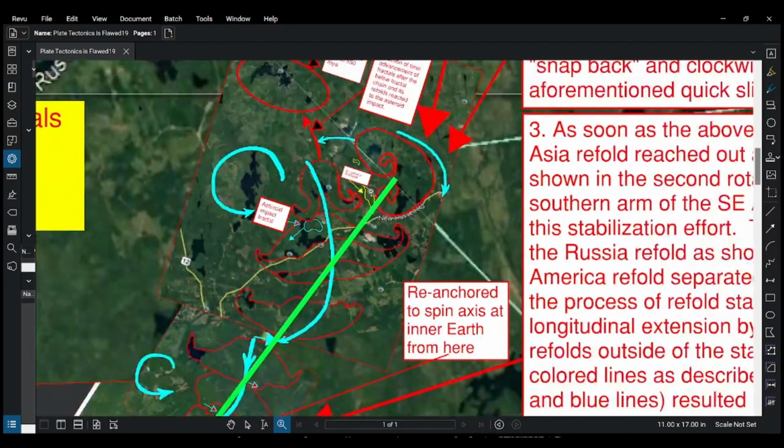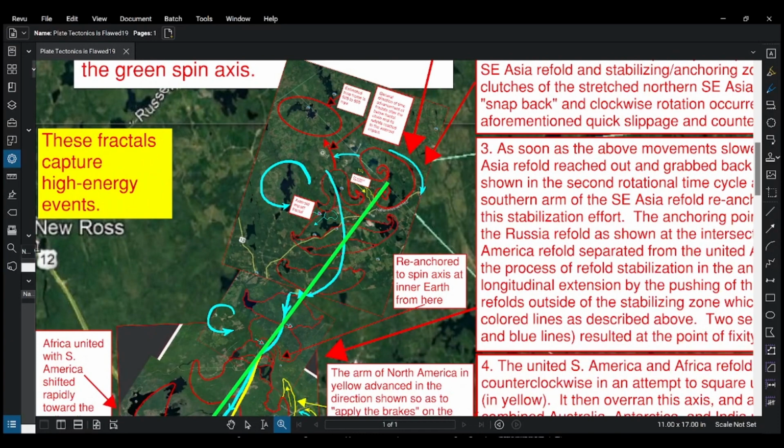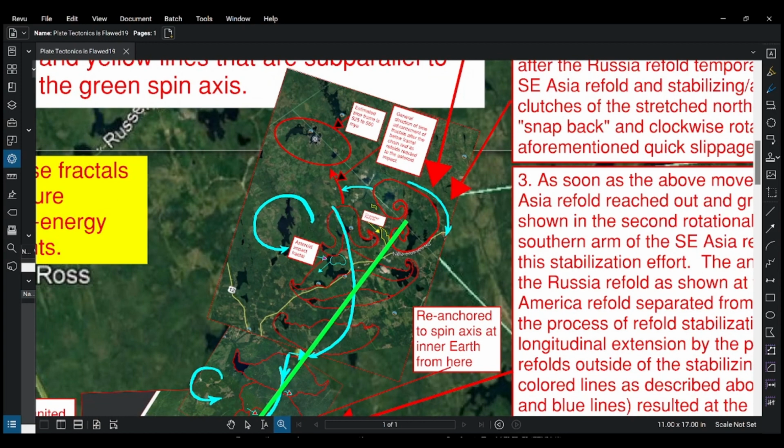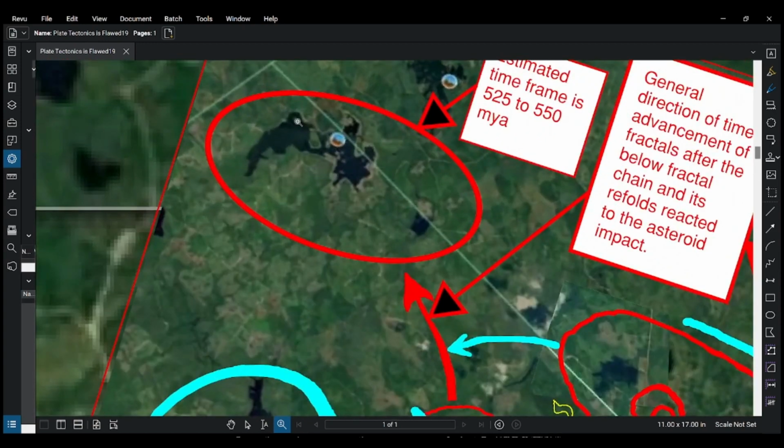And now everything's going to try to maintain equilibrium about the equatorial spin axis, both laterally and longitudinally. Laterally would be this way, which is actually north and south, if this is the east-west equatorial spin axis. And longitudinally along the axis this way. So before I forget, there's the next phase of North America.